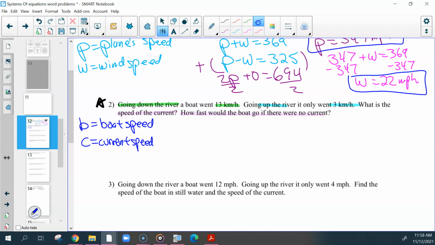Anyone want to take a guess as to how we would set these 2 up? Let's see, equals 13. What about the second one?